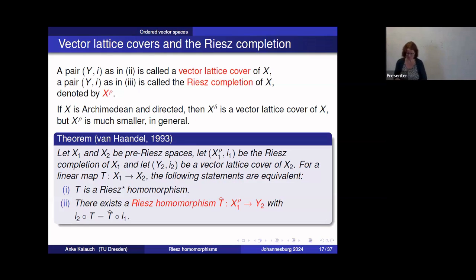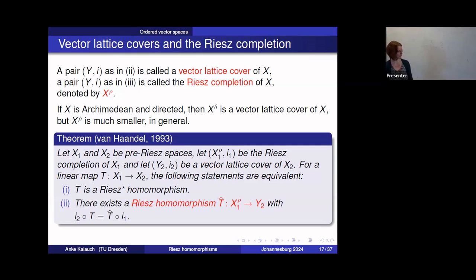And what was the reason for Van Handel to introduce these V star homomorphisms? He had a real aim. When you have this embedding into an ambient vector lattice, and you start with two previous spaces, he wanted exactly those operators which can be extended to Riesz homomorphisms on these Riesz completions.